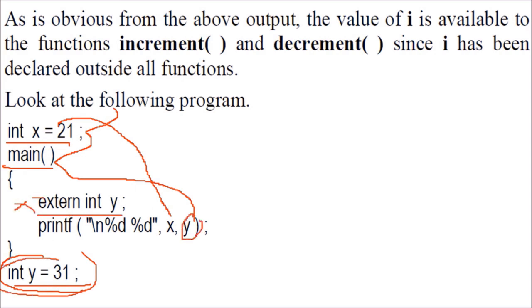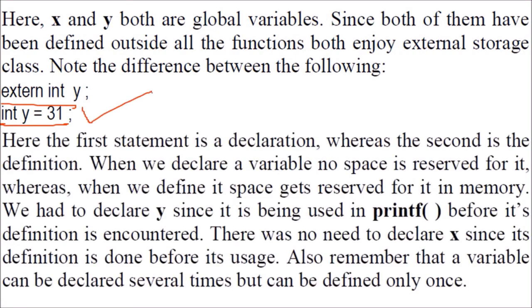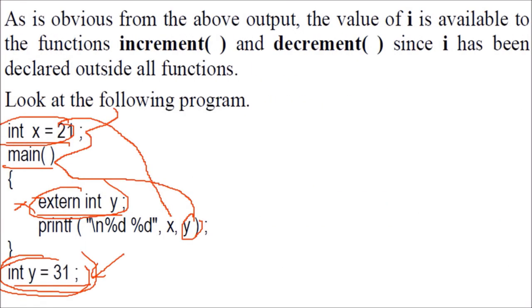Because int y equal to 31 is declared outside and after the main function. So you have to say extern int y. For int x equal to 21, it will automatically take the value. You don't have to put any extern int x. But if it is not there, you have to specifically say it is extern.